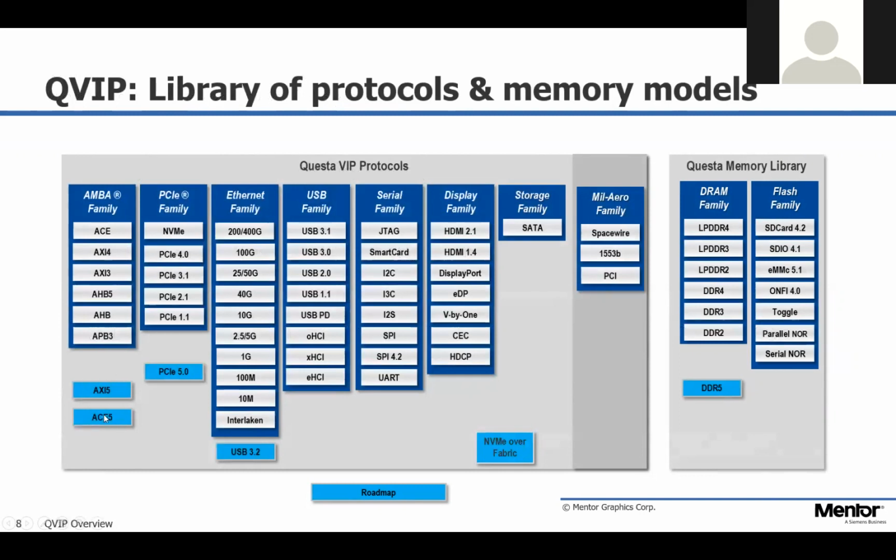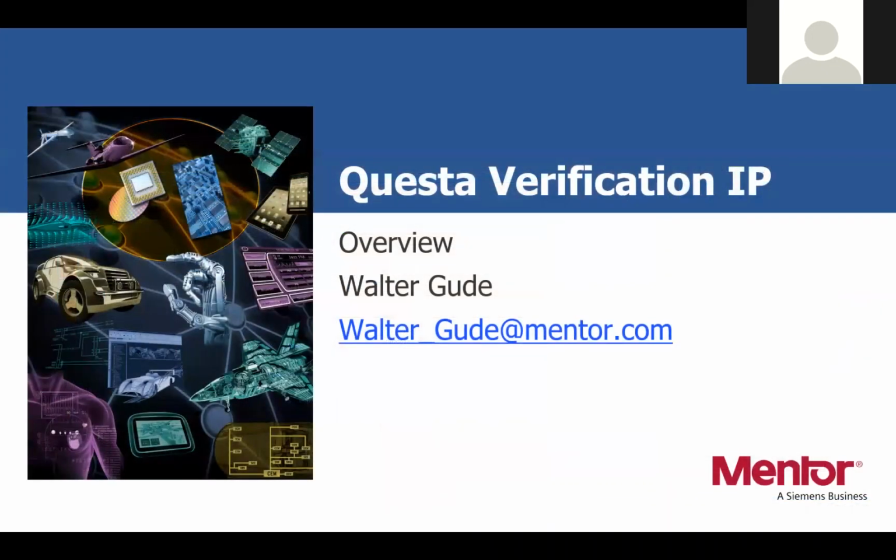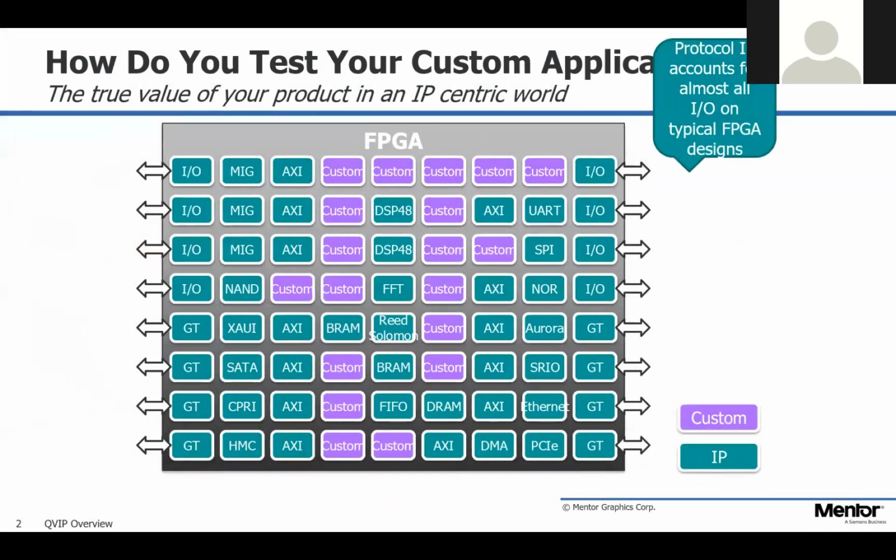We have AXI 5 and ACE 5 coming. For PCIe, we can generate all the way up through PCIe 4.0. 5.0 may be released by now; the slide is a little bit old, I think. So the PCIe family allows you to generate and test traffic of every different type.